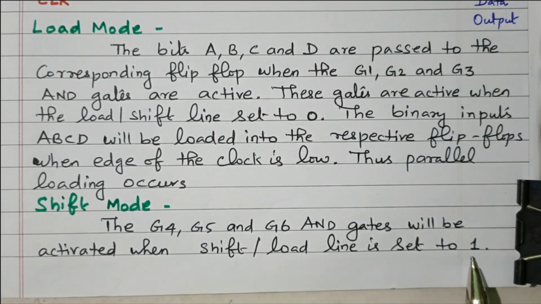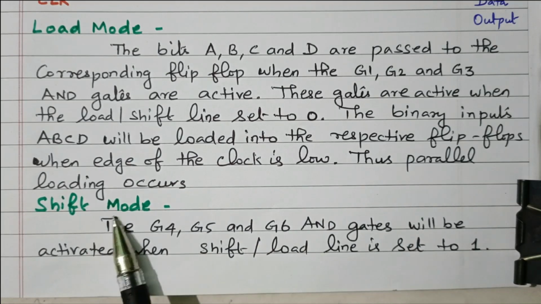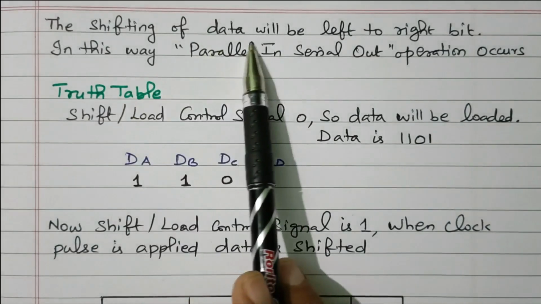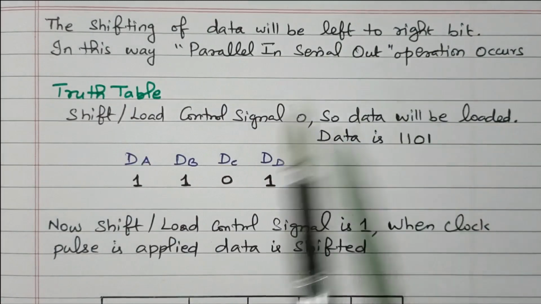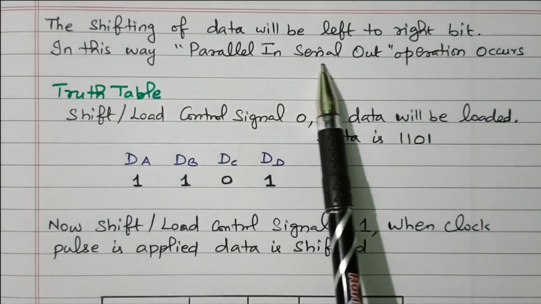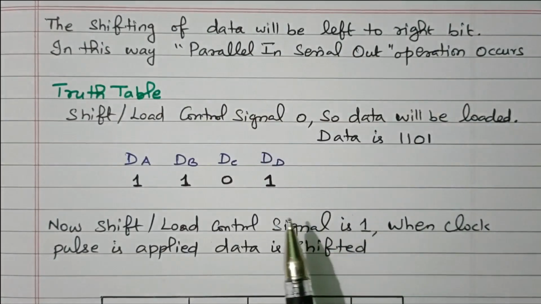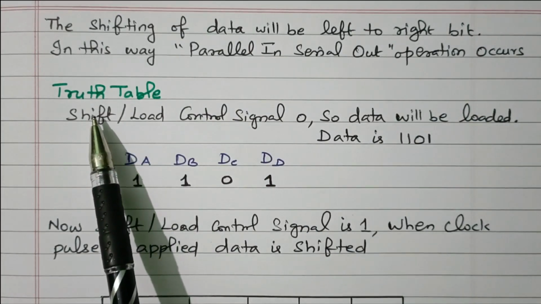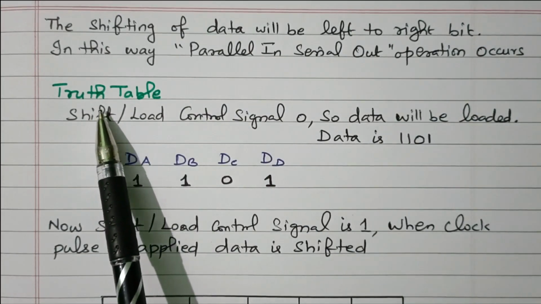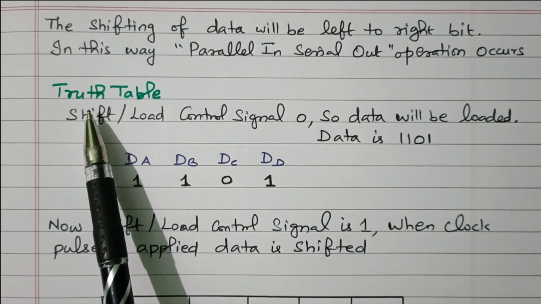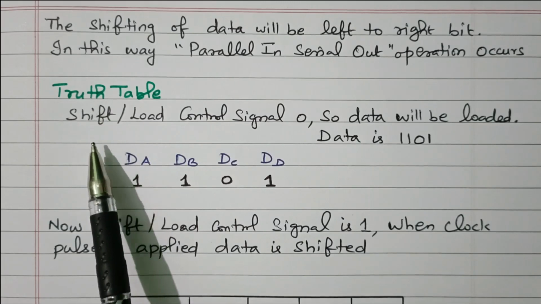If it is 1, it will go for the shifting mode. The shifting of data will be from left to right. In this way, the parallel in serial out operation will occur, right? So 0 means parallel loading, 1 means shifting. Now we'll see the truth table for both.